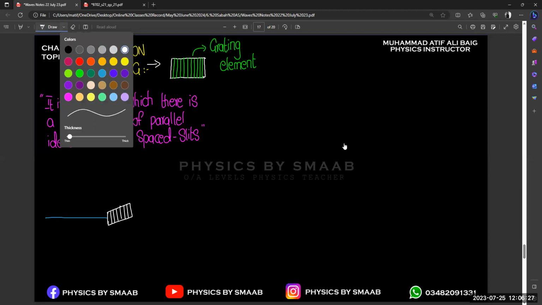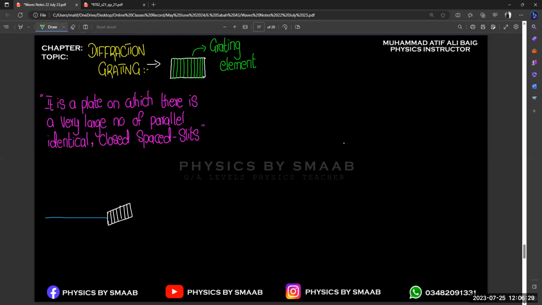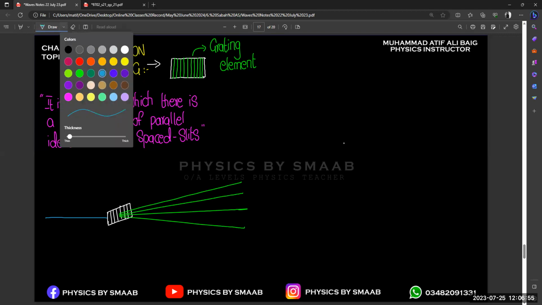Now light starts to split into different angles because of diffraction. So this is the simple concept of diffraction, and we are getting fringes on the screen.